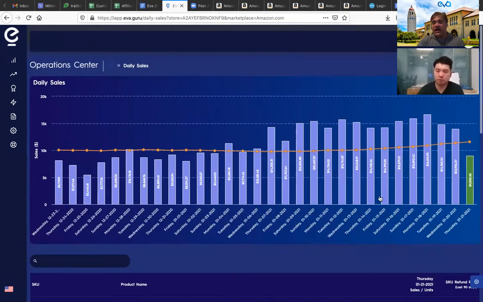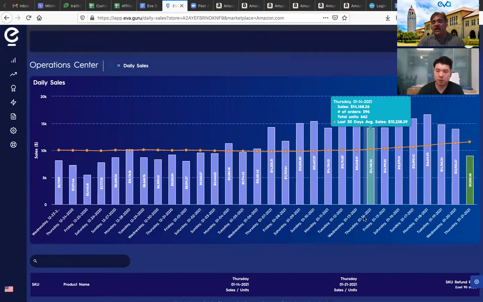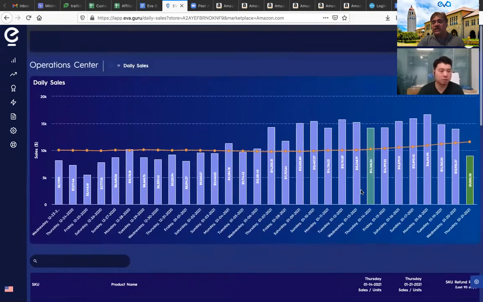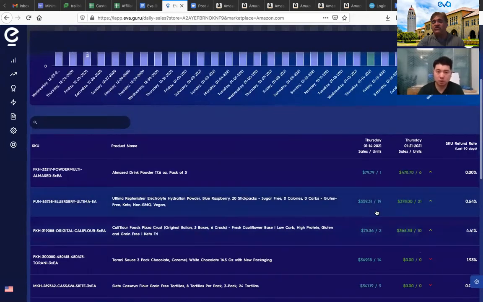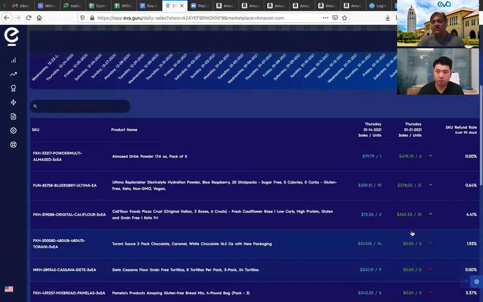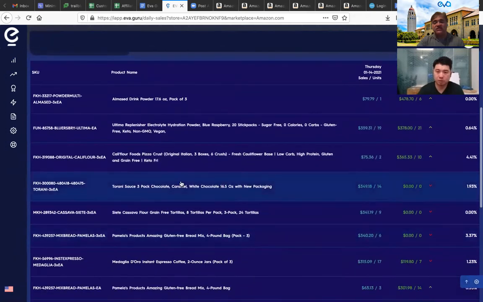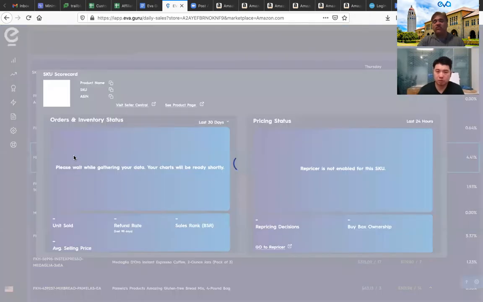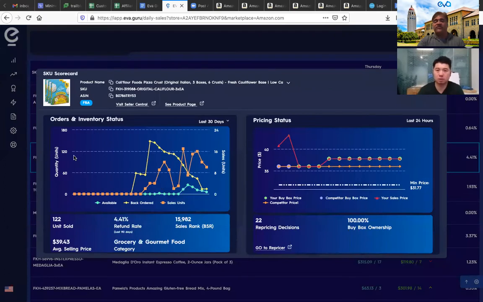And if I want, I can just pick another day and simply compare two days with each other. This is a great function for both private labels and resellers. Then if I click on one of the items, that's the most beautiful part of Eva that I really enjoy and I'm very passionate about, because we are the only company that completely visualizes the whole pricing as well as order and inventory.